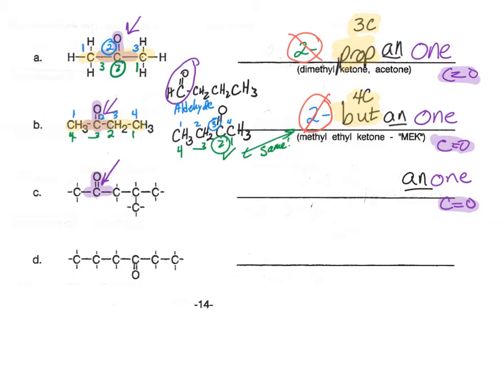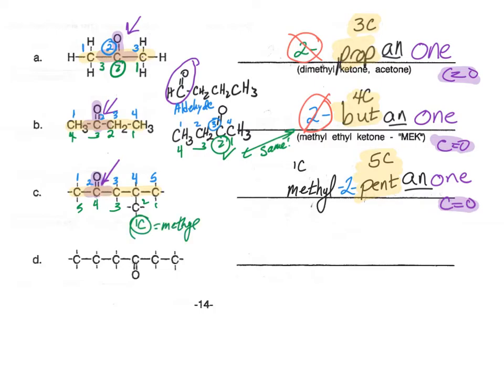And in front of that, we're going to put in the number of carbons that are present in the chain, and we see we will have a pentanone. We put a number in to indicate where the carbonyl carbon is, and it will be on number 2. So this is 2-pentanone. And then we're going to put on the substituents. Here we see 1 carbon. That is going to be methyl, so we're going to have methyl-2-pentanone.